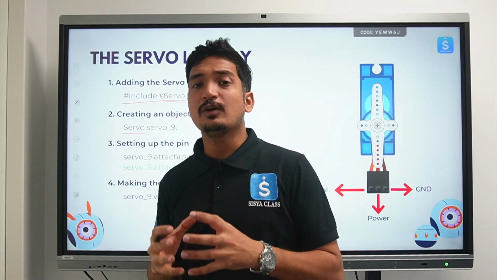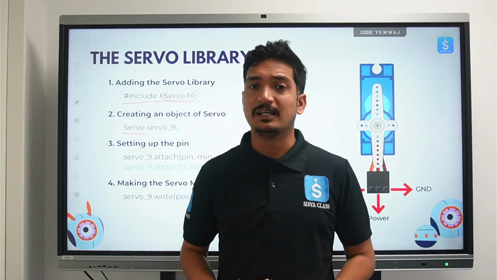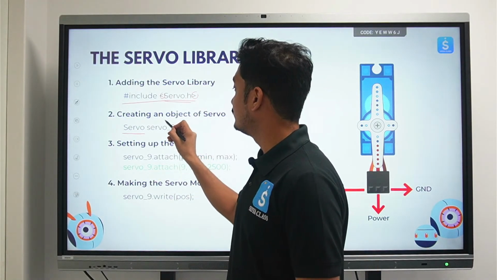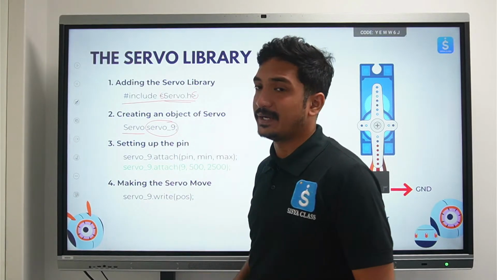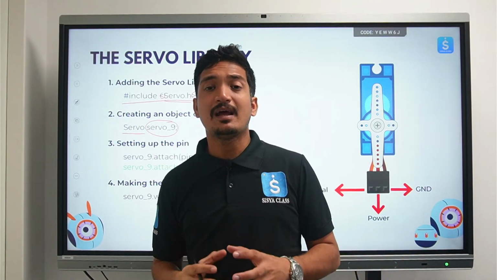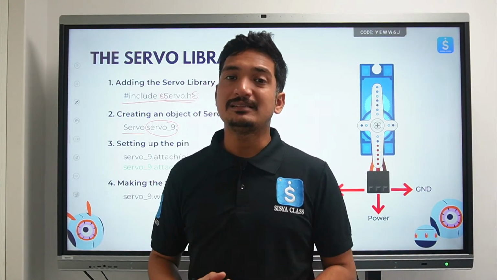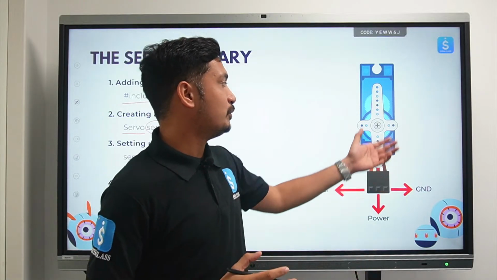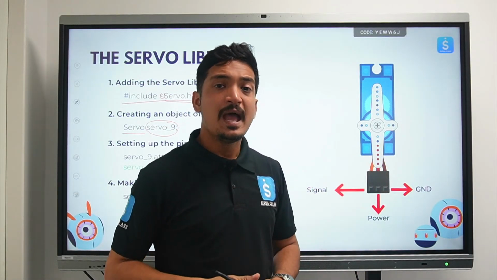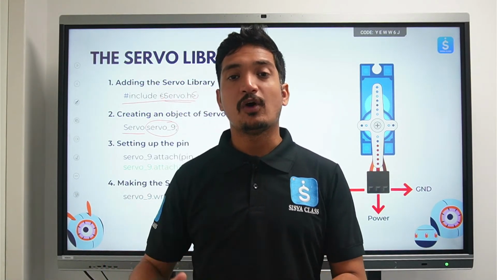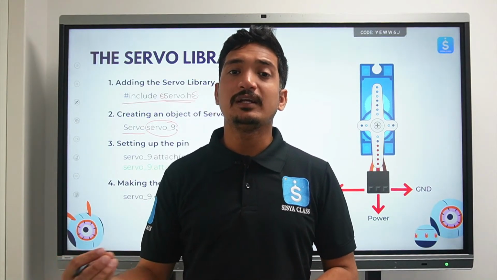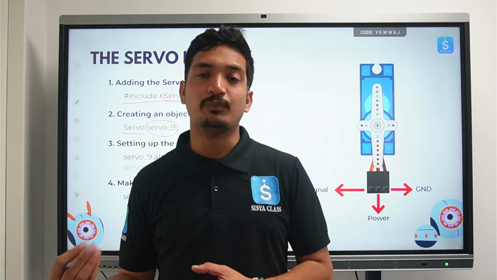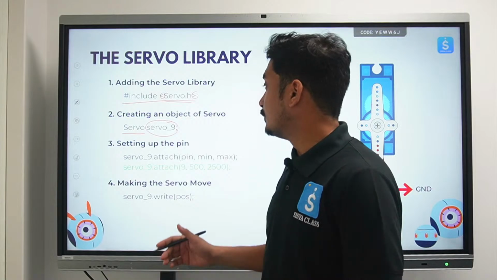From this I want to create an object for this class, and the name of this object will be servo9. Whenever I say servo9, it means that I am referencing my servo motor, which is this one. Using this object I can call other functions, and accordingly I can make the servo motor work.